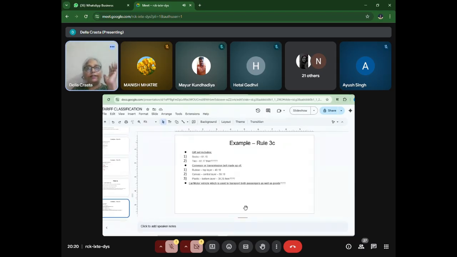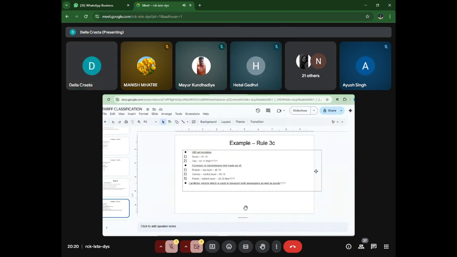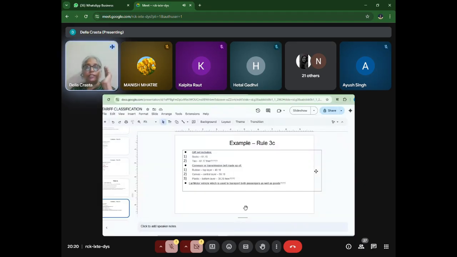So let us just quickly revise. Rule 1, what does it tell you to do? Headings or subheadings are just references. The titles, section titles, chapter titles, heading titles are for what purpose? Reference. The purpose is only for reference, only for guidance.